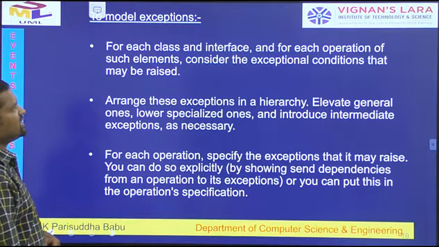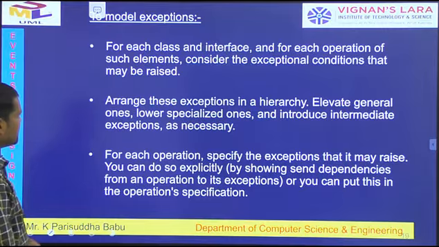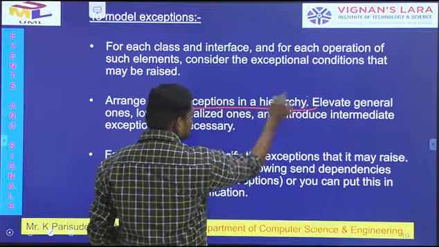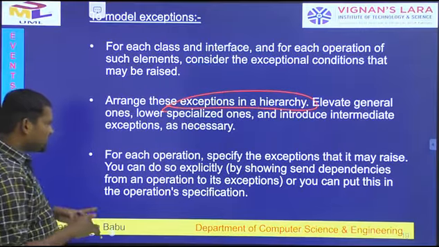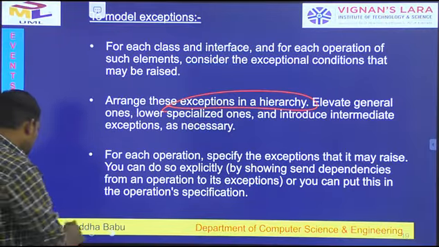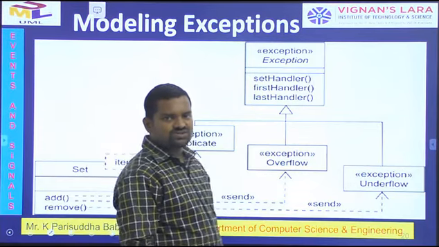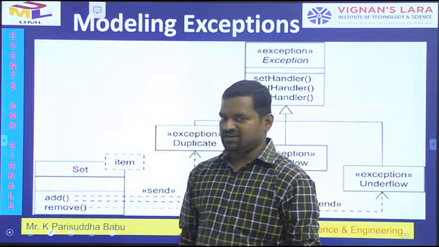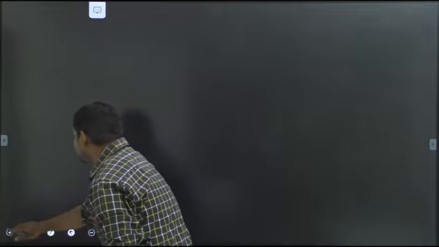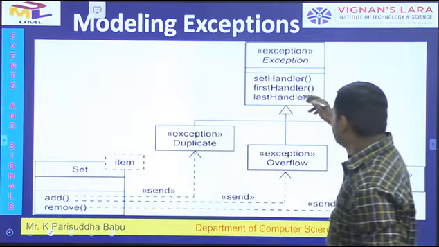For each class or interface, for each operation, consider the exceptional conditions that may arise. Arrange these exceptions in a hierarchy. So for each operation, specify exceptions that may arise, explicitly or implicitly. Modeling exceptions: for exceptions you can also write dependency relationships.